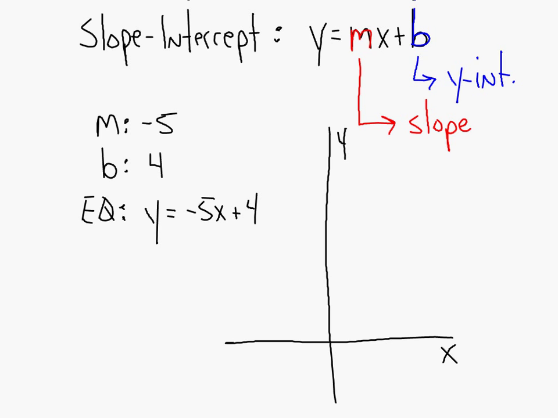Put the y-intercept on it. The y-intercept in this case is at 4, so put a point at 4. And then you're going to rise 1, 2, 3, 4, 5, and you're going to run 1 to the left because it's got a negative slope. And then just connect those points.